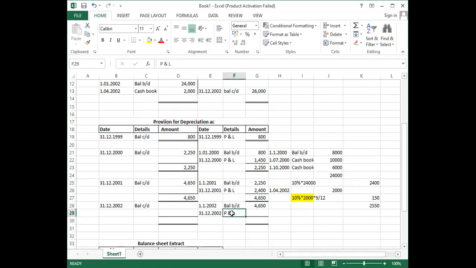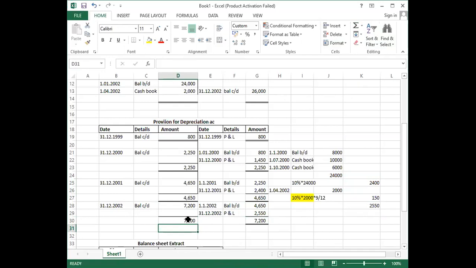And that is the amount that you take to the profit and loss account here and write 2550, right? And therefore, you expect that the balance carried down here is 7,200. Is it correct? 7,200. So that the closing figures there, 7,200, 7,200.